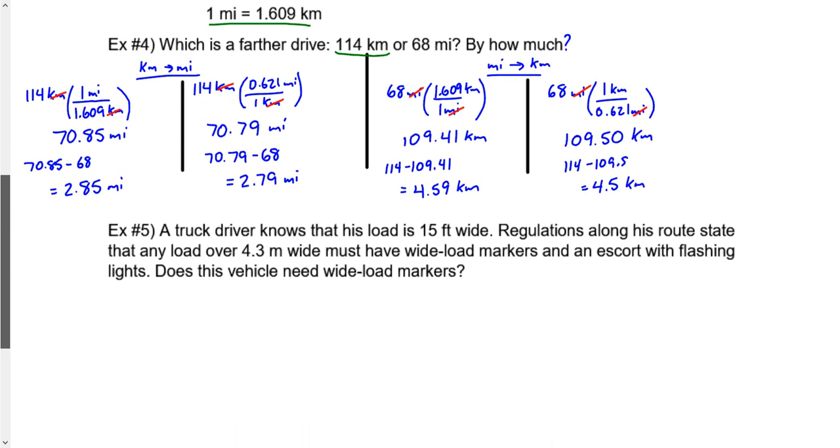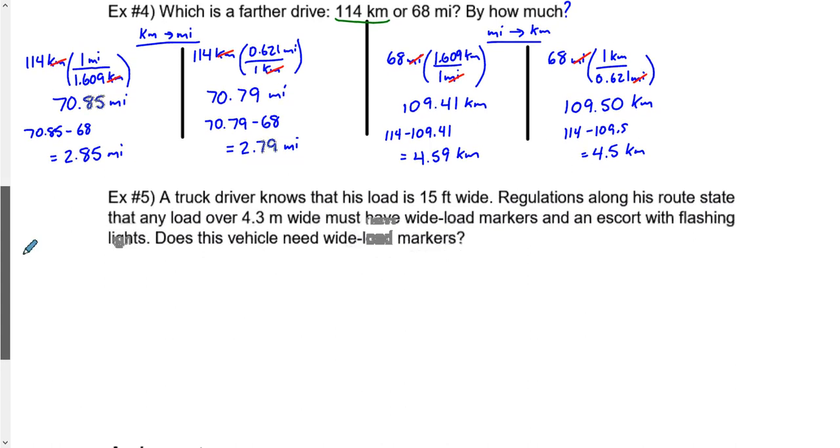All right. Last example is a truck driver knows that his load is 15 feet wide. The regulations along his route state that any load over 4.3 meters wide must have wide load markers and an escort with flashing lights. So your wide load marker being the one where it's red, white, red, usually says a nice wide load.